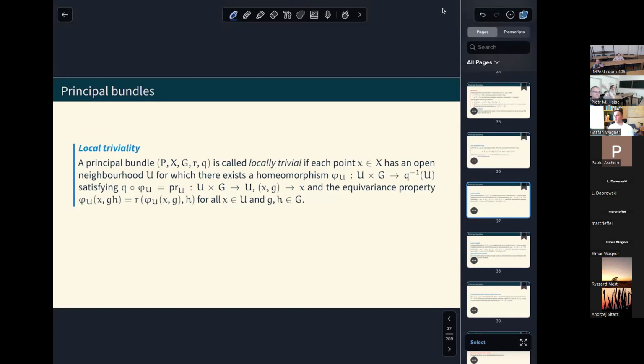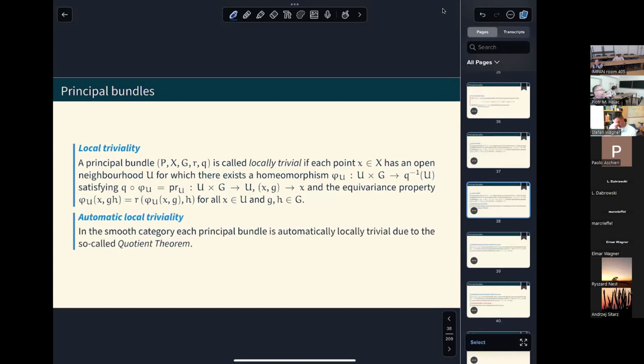So locally you want the principal bundle to look like a trivial bundle, with equivariant identification maps. In the smooth category, when everything you consider are Lie groups and manifolds, each principal bundle is automatically locally trivial by the quotient theorem. So in the smooth setting, everything is locally trivial.